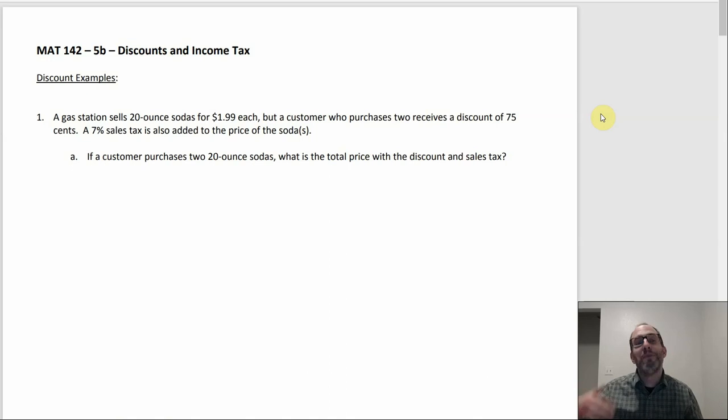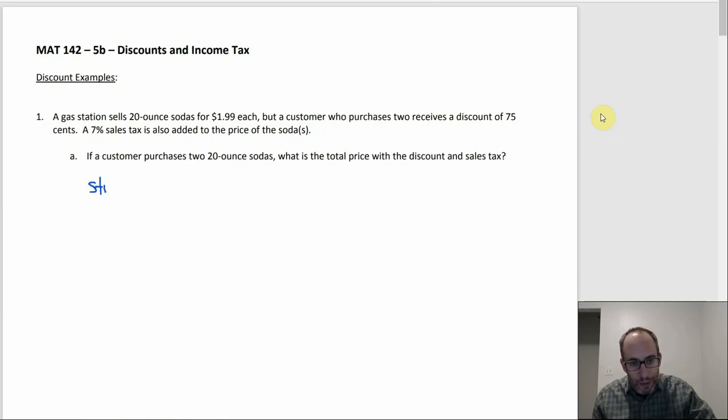If they only buy one, then a 7% sales tax is just added to that one, right? So if a customer purchases two 20-ounce sodas, what would be the total price with the discount applied and then sales tax? Okay. So first of all, let's say they buy two. First things first, even before the discount, would be what the sticker price is.